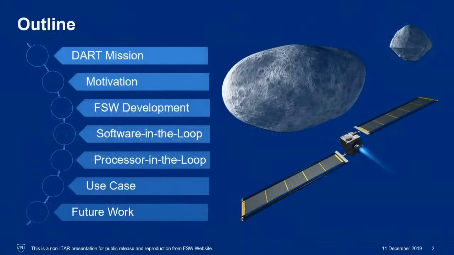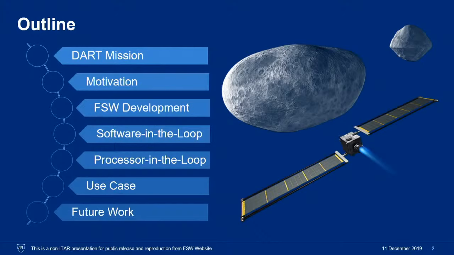So today, I wanted to talk about the DART mission. So this is the mission that pretty much started the technology that we'll be discussing today. And then some of the motivation, the reason why we developed what we developed, are current flight software development testing modalities, which in previous presentations you've heard about SWIL and things like that.